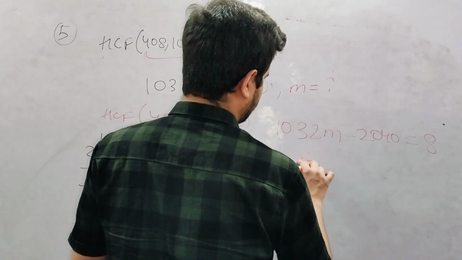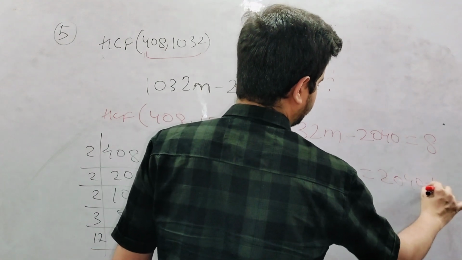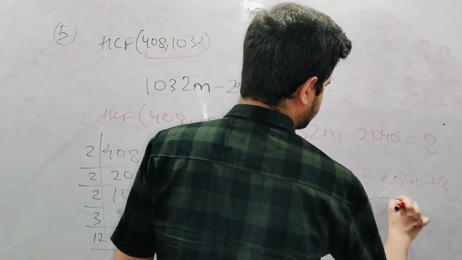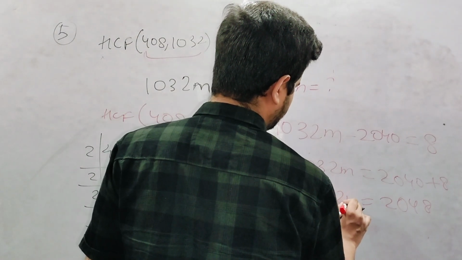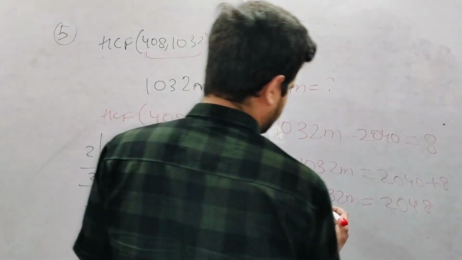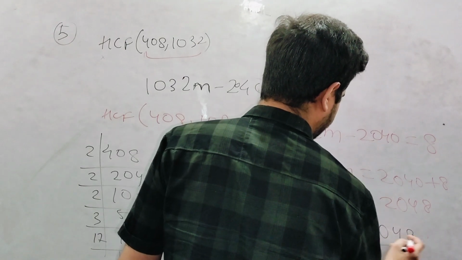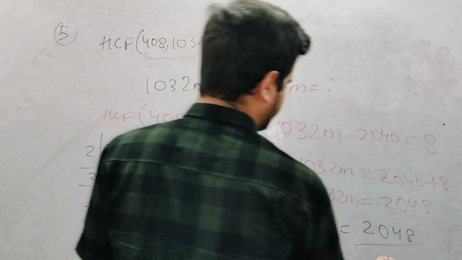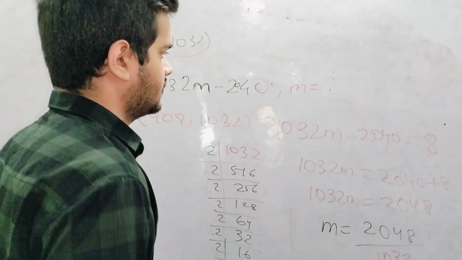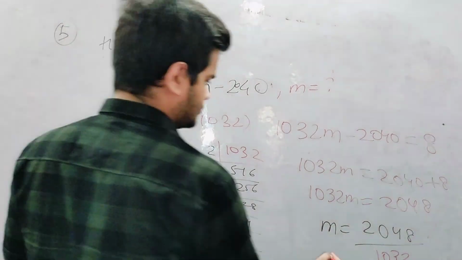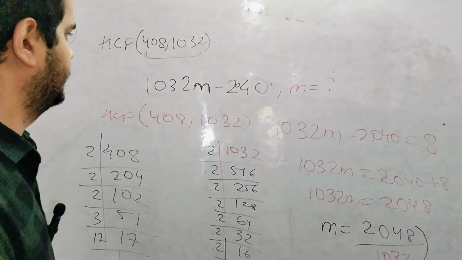So 1032m is equal to 2040 plus 8, which is 2048, equals 1032m. So the value of m becomes 2048 upon 1032. Okay, so after solving it, you'll get the answer. Okay, please solve it.